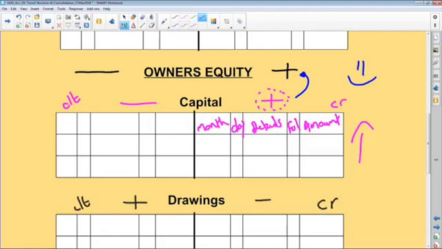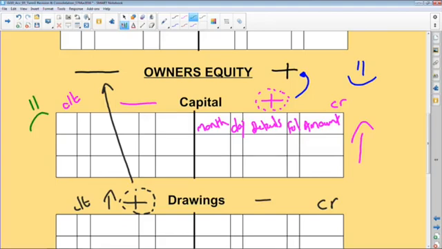What effect will this plus have on my owner's equity? It will have a negative effect. You see, owner's equity will go down. Although your drawings go up, your owner's equity will go down, and that will give your owner a frown because he's losing some of his investment in this business.